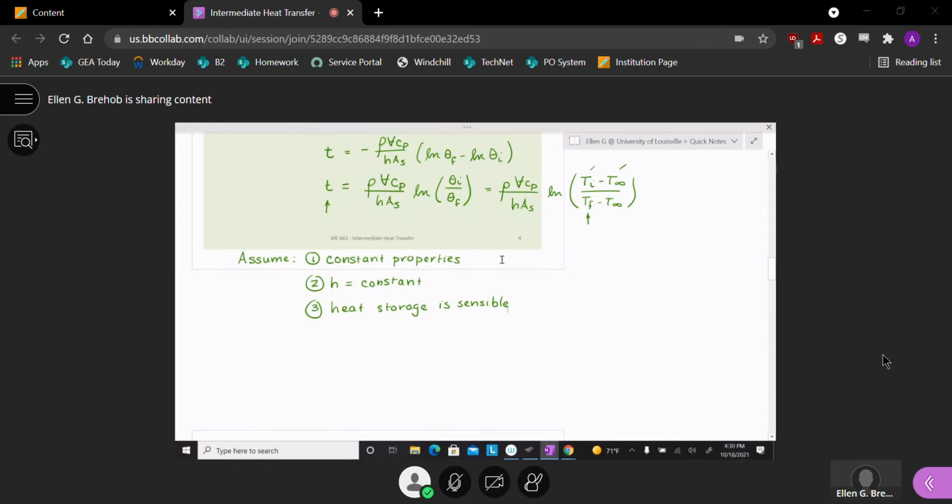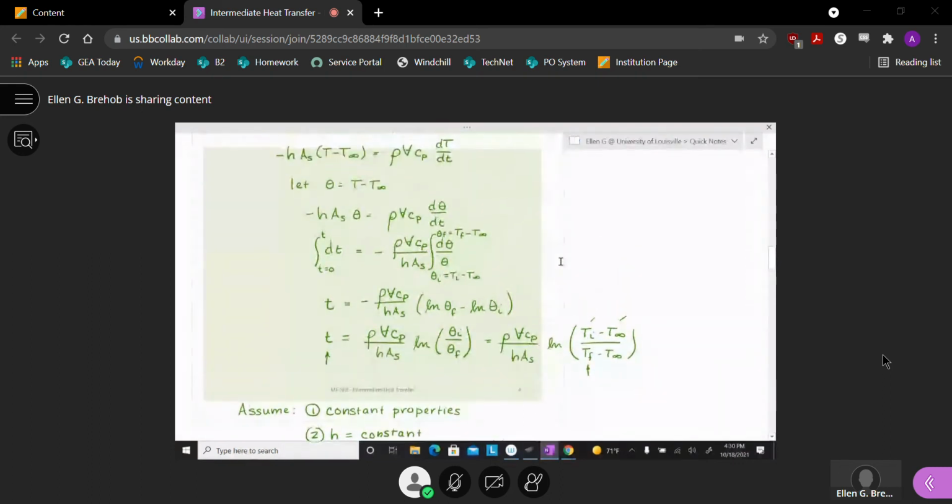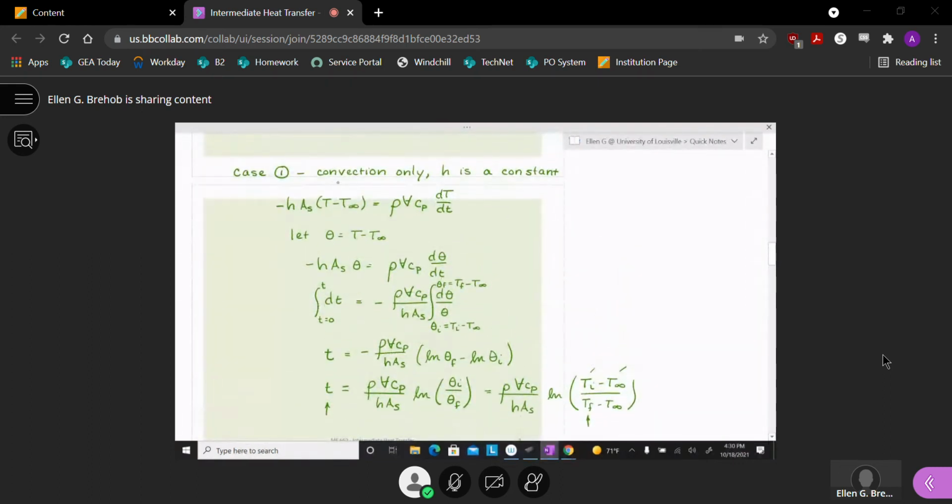Okay. All right. I had in my notes to mention this. I said convection only here. There are sometimes problems where they're going to tell you the combined convection and effective radiative heat transfer. So h convection plus h radiation is some h combined. If I knew that was relatively constant for a period of time, I might still use this case one equation.